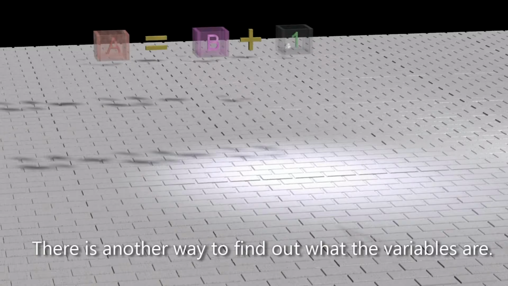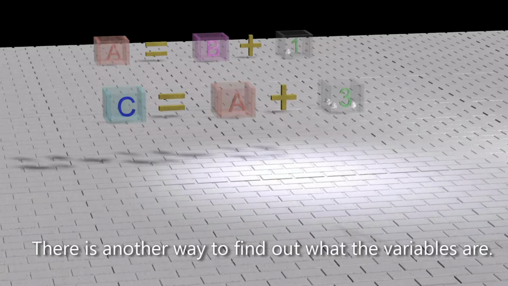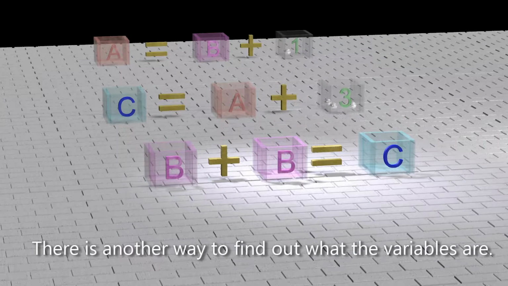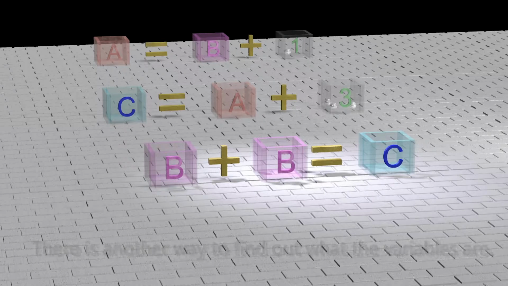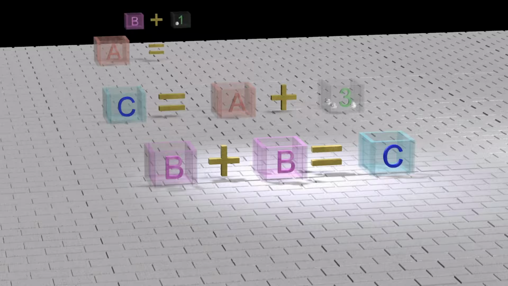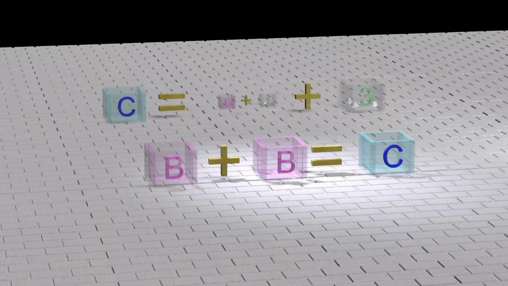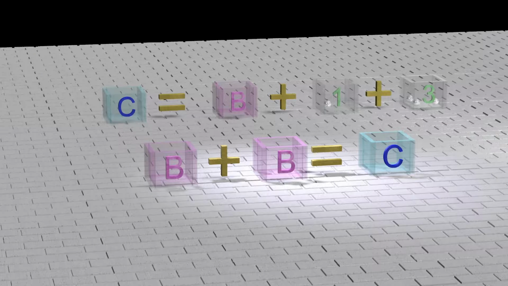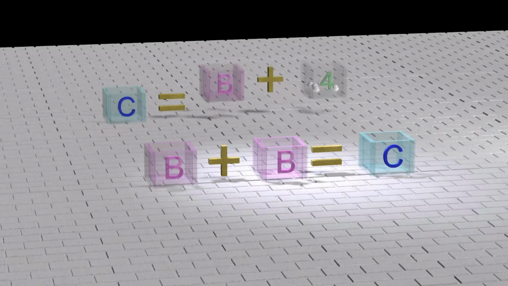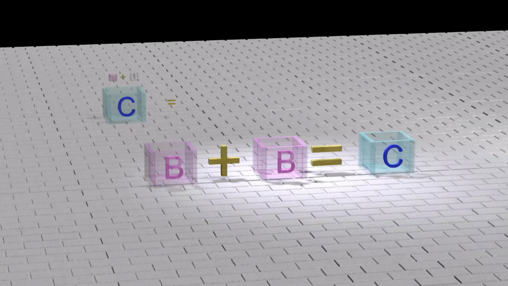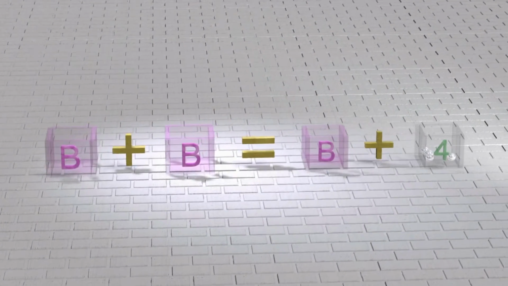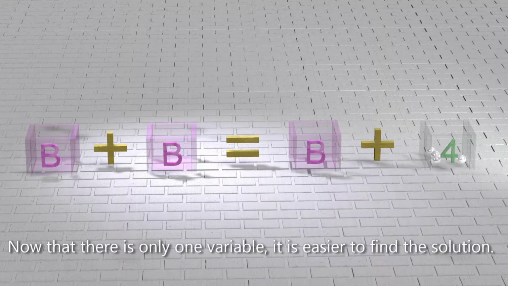There's another way to find out what the variables are. Now that there is only one variable, it's easier to find the solution.